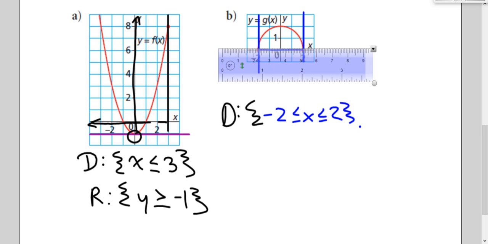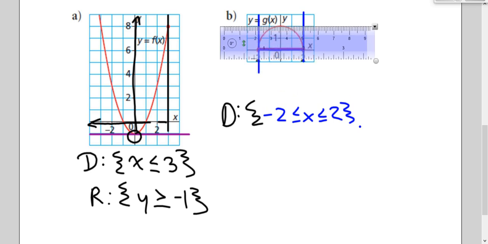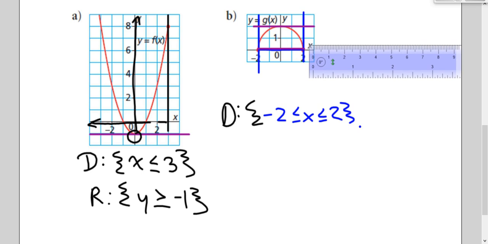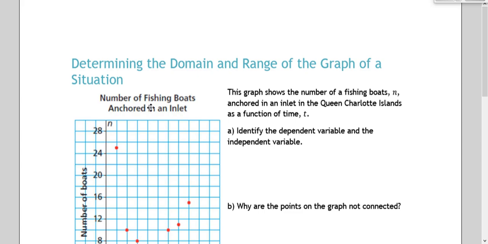It exists right there. Then if we move this up, we have another containment here. So then range: 0 less than or equal to y less than or equal to 2. So it's all about dragging and dropping your ruler if you can. Sometimes it's kind of tricky. And identifying which values exist within our range and our domain.